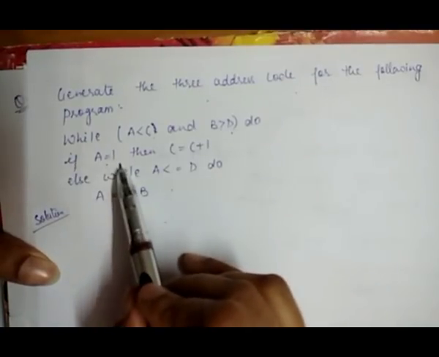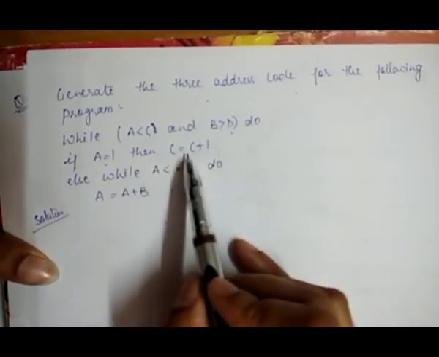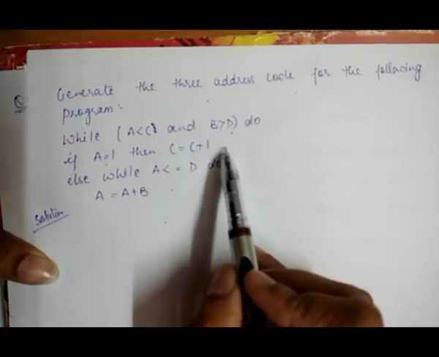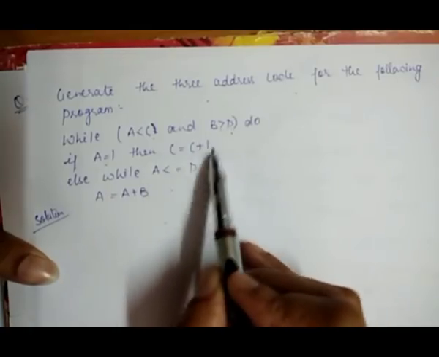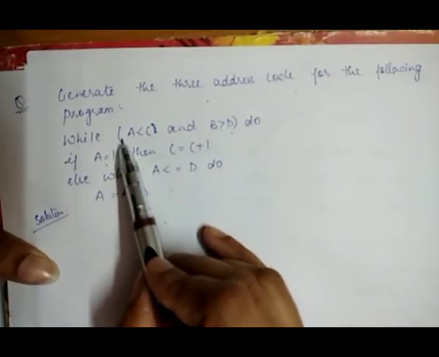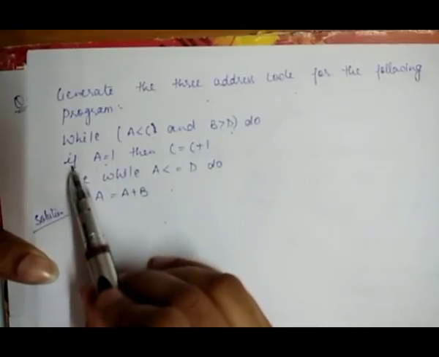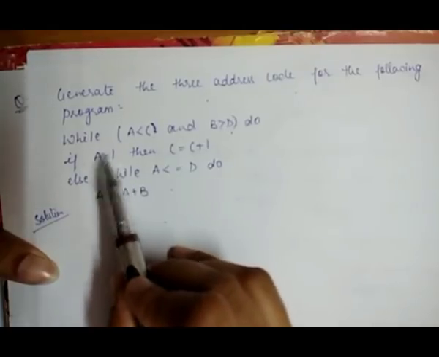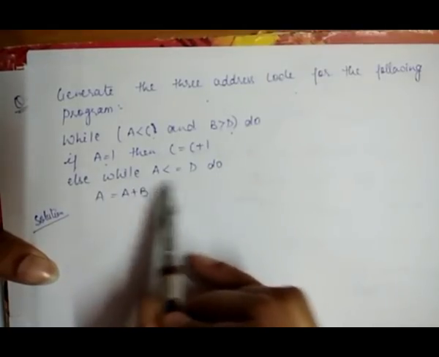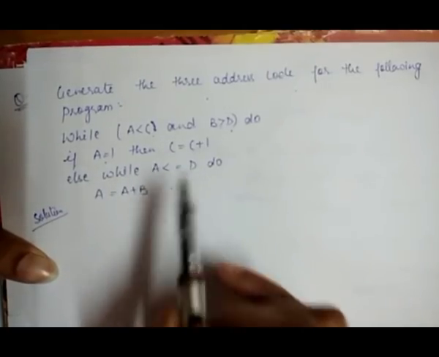Now if a equals 1 is true, then it executes c equals c plus 1, and after that it again checks the while condition until that condition becomes false. If this condition is not true, then it goes to the else part and checks whether that condition is true or false.